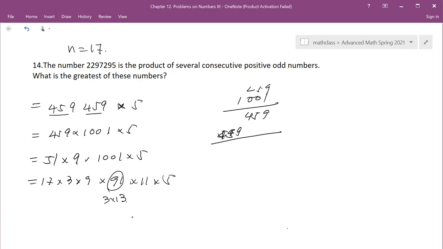This is how we factor this number. Now we begin with which number? I think I should begin with 7. Let me check.